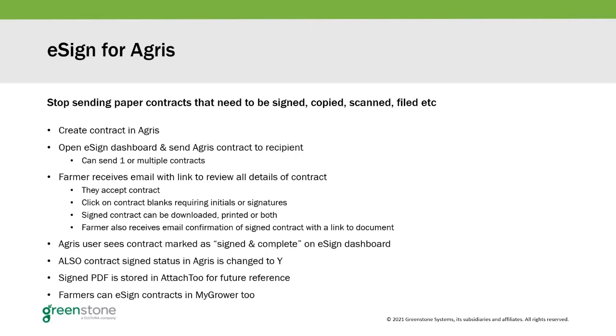So that's a really helpful feature that just completes the circuit. Now, the PDF is also stored in AttachTo, which we'll talk about in a minute, in AGRIS for future reference. And for our customers that have My Grower, they have the added option of signing ESign contracts in My Grower in addition to just through general email.